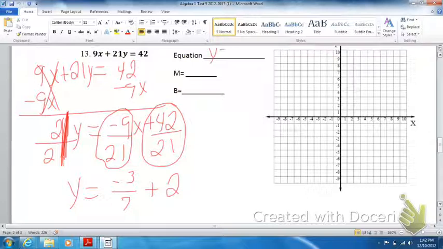So y equals -3 over 7 x plus 2. I forgot the x over here. There we go. -3 over 7 is the slope. 2 is the y-intercept. Then you just plot the points. Put in the calculator. There's a point there, and there's one about there. Connect your line.